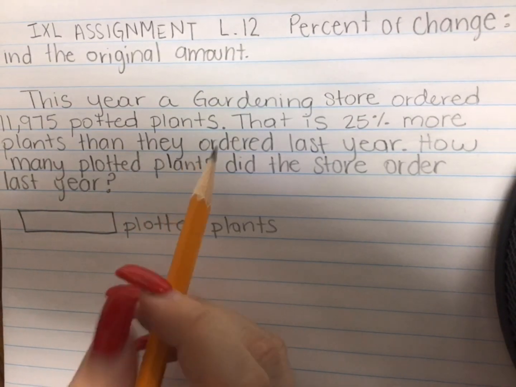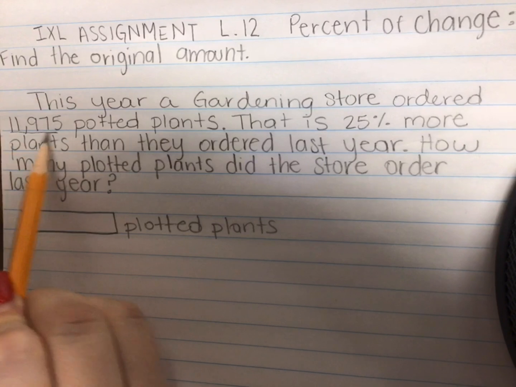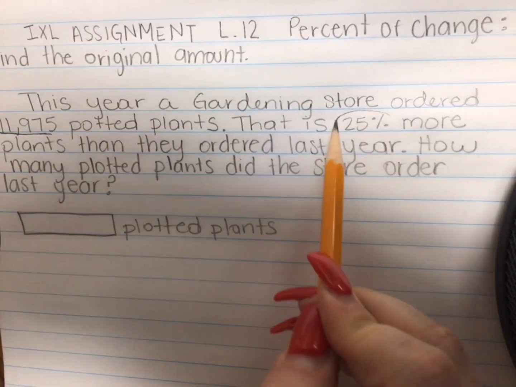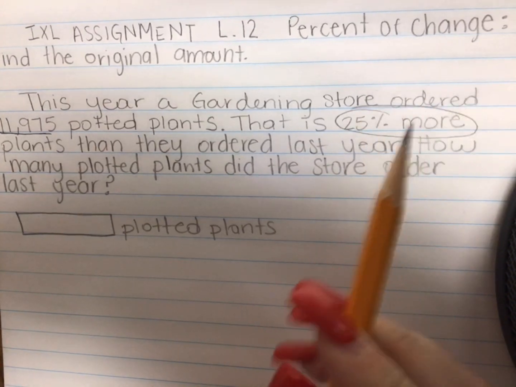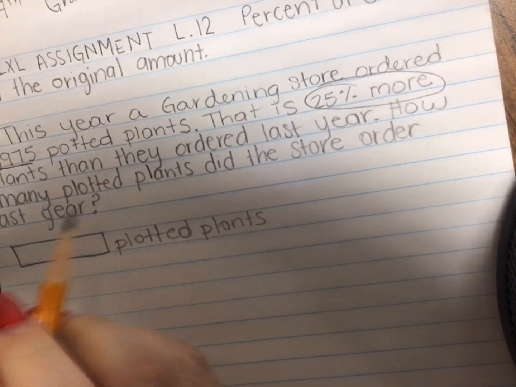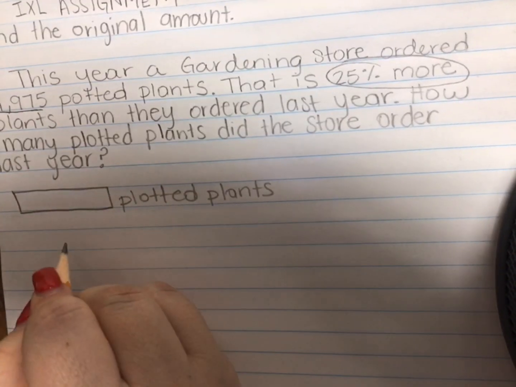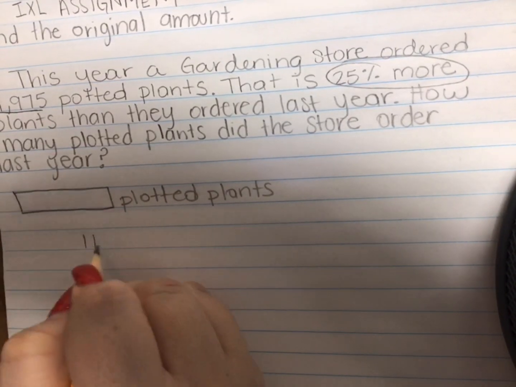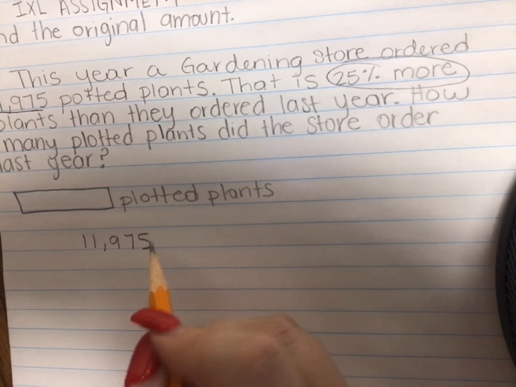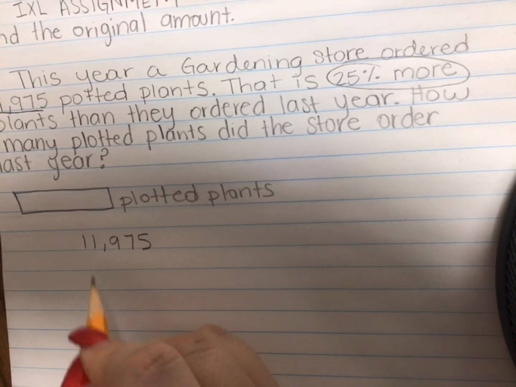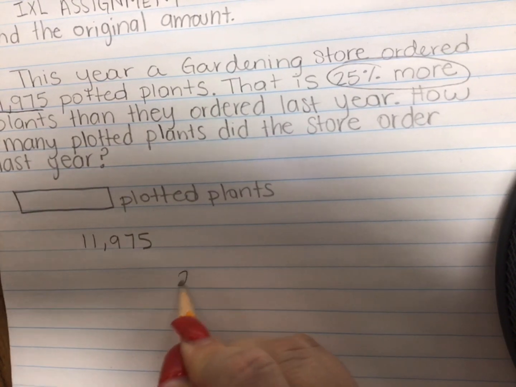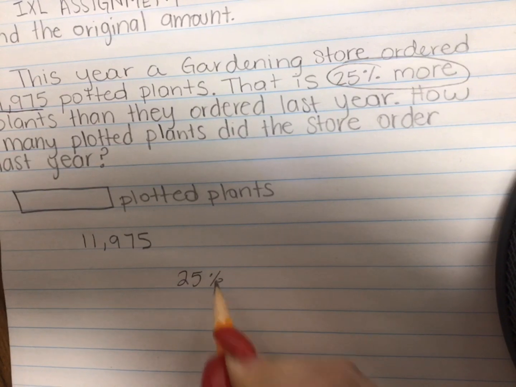Since they have 11,975 potted plants, that is 25% more. So you're going to get the 11,975 plants. That's how much they have this year. But last year they had a total of 25% increase.